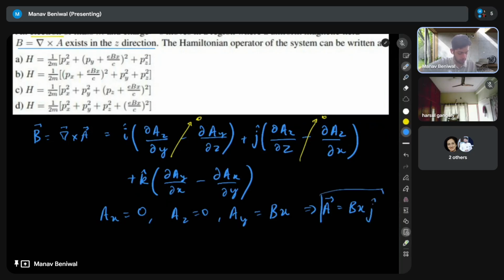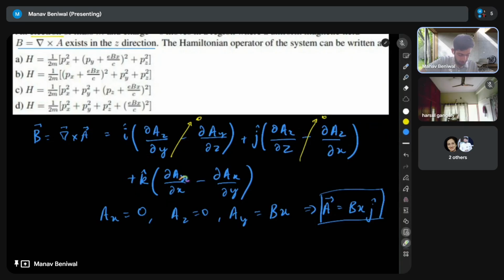If I choose this A, then what will happen? This first term, because Az is 0 and Ay is a function of x, its derivative with respect to z is 0, so this term goes to 0. And here Ax is 0, Az is 0, so this goes to 0.